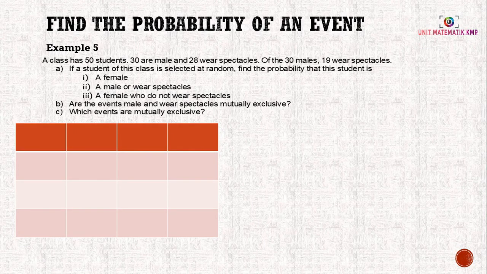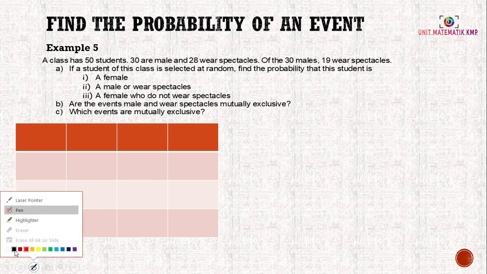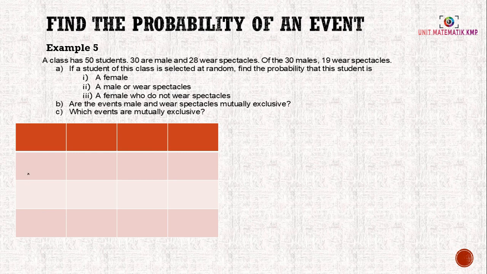Okay, we proceed to example 5. So a class has 50 students, 30 are male and 28 wear spectacles. Of the 30 males, 19 wear spectacles. Okay, so untuk memudahkan kita menjawab soalan ni, kita akan buat dalam bentuk tables.